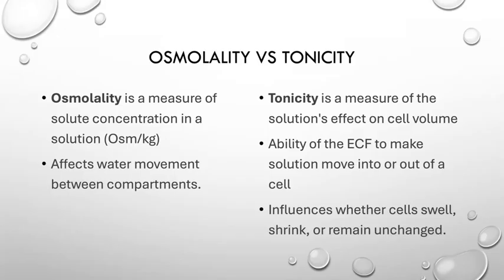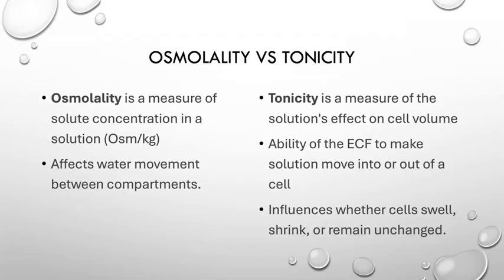Tonicity refers to the fluid tension within the extracellular fluid or the intracellular fluid and describes the relationship between the total solutes and water within these compartments. The main reason water moves between the extracellular fluid and intracellular fluid is because the solutes move between these compartments. Essentially, water moves when the concentration in each compartment changes.